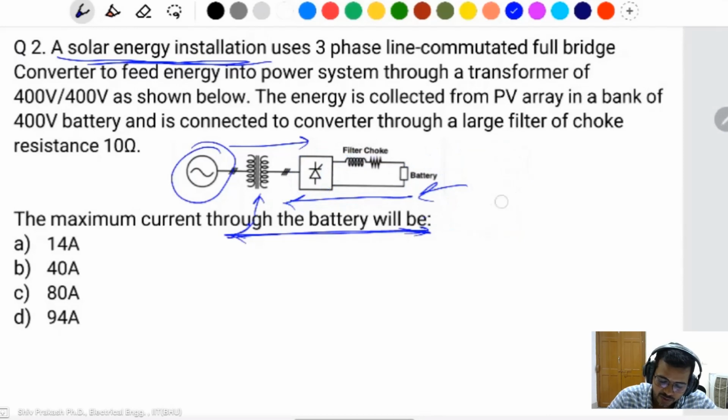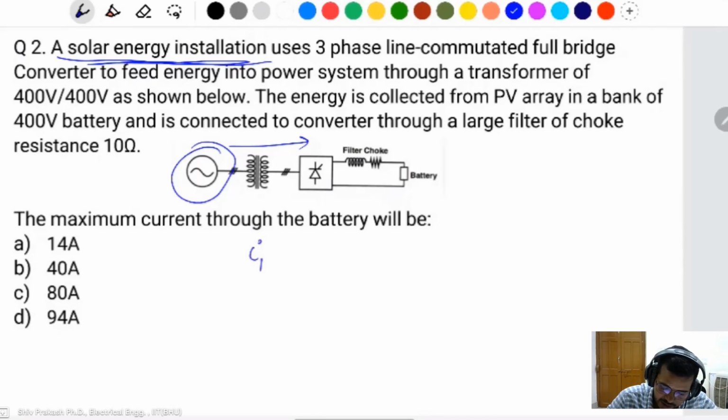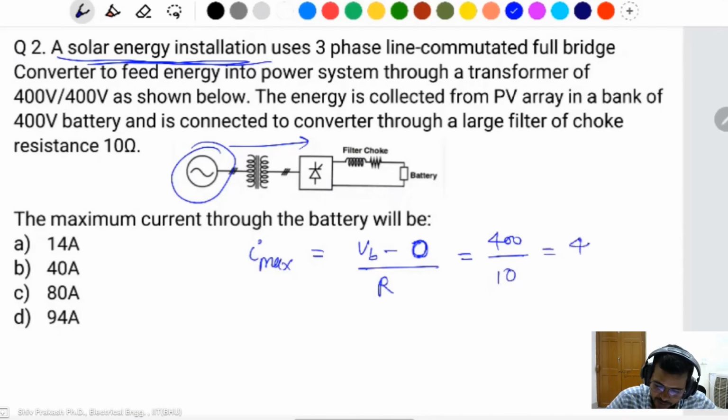That's why when we talk about the maximum current, it will be VB minus this one the three phase voltage, and this will be 0. That time the maximum current IM will flow, and VB is 400 divided by this resistance of 10 ohm, this will be 40 ampere.